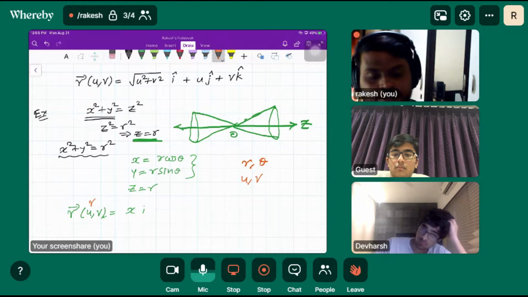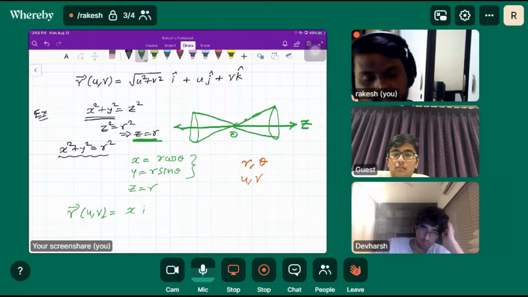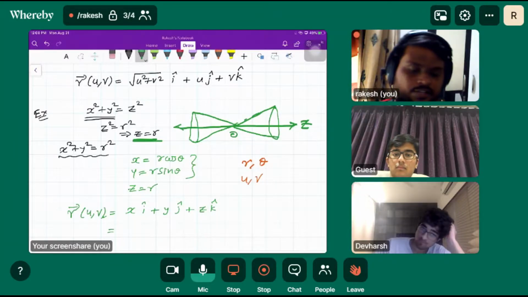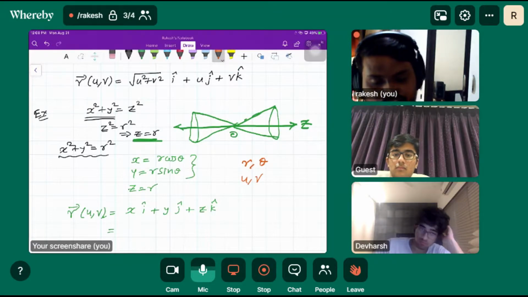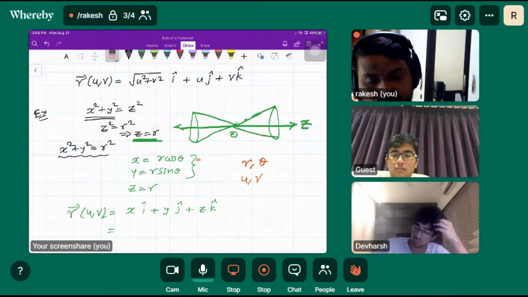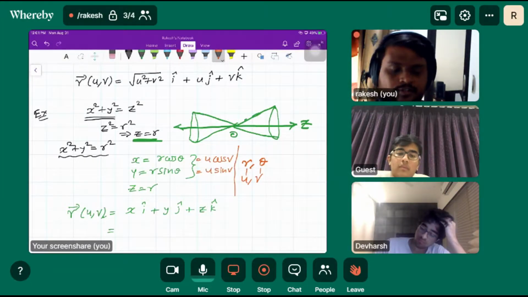So r(u, v) is equal to x i cap plus y j cap plus z k cap. Correspondingly we can change this: r is u, theta is v, so u cos v, u sin v.